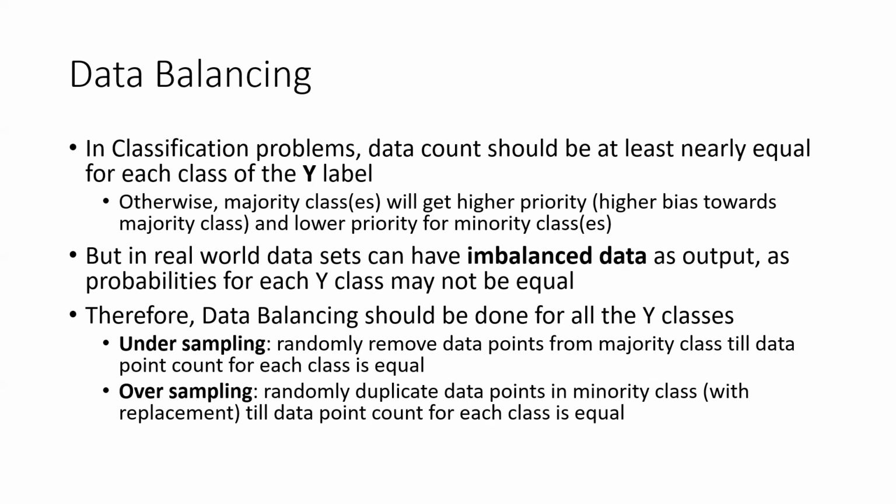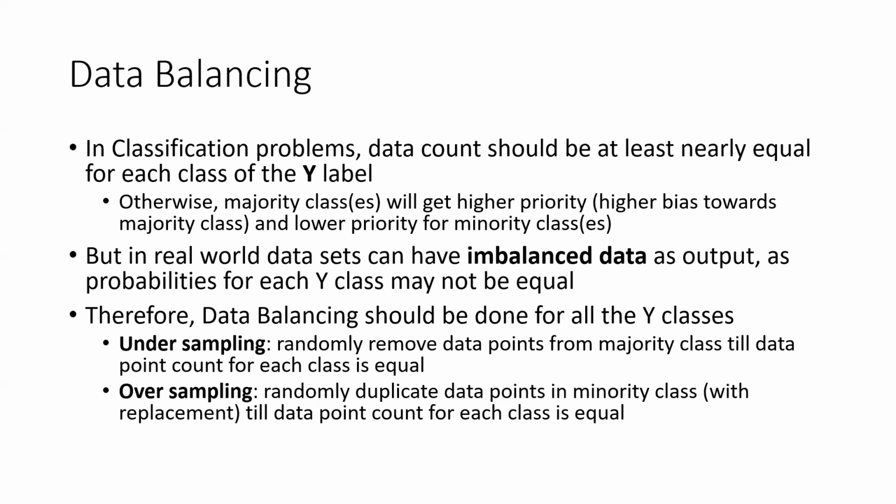So in this case, data balancing is very important. That is why we need to avoid imbalanced data and make the imbalanced data as balanced as possible for building a correct, much more accurate classifier.